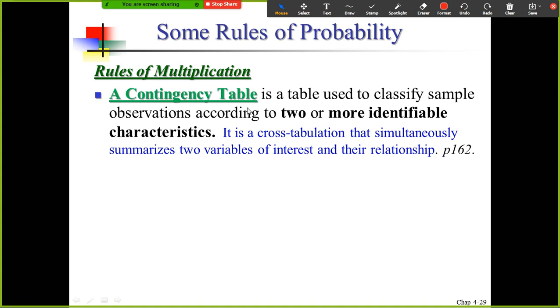A contingency table is a table used to classify sample observations according to 2 or more identifiable characteristics. It is a cross tabulation that simultaneously summarizes 2 variables of interest and their relationship.